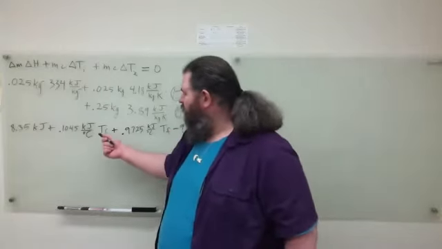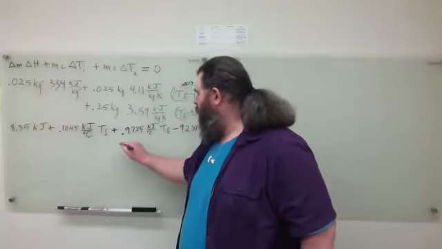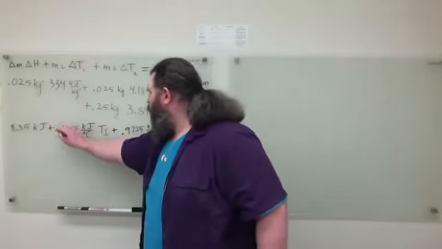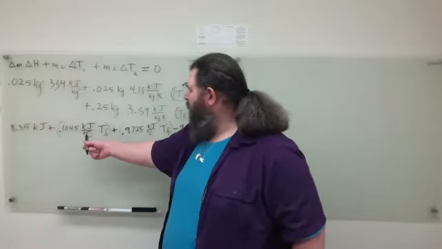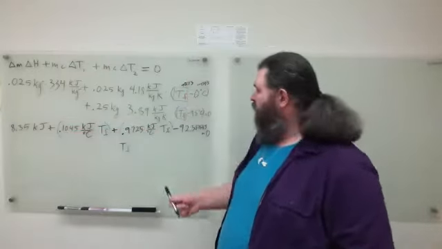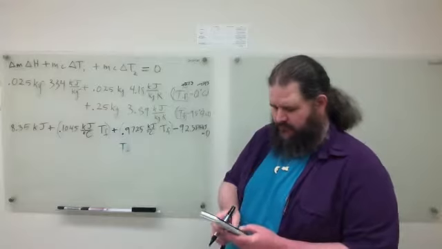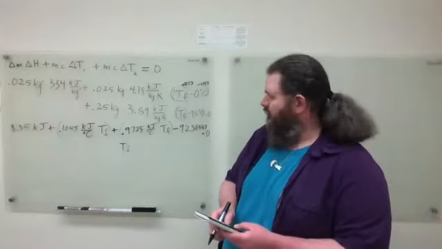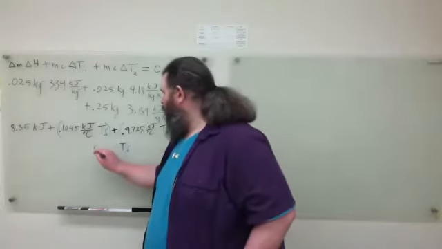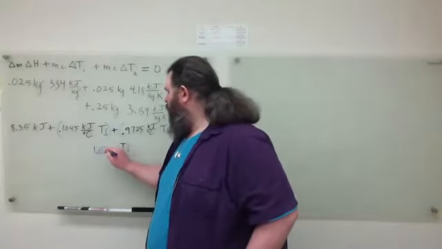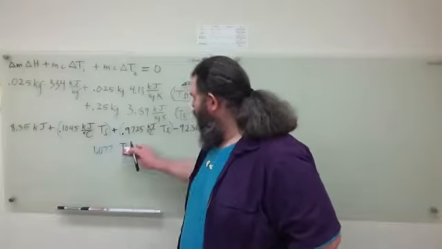You can even think of this as factoring out T final. So this one and this one, we can just add together the 0.1045 plus 0.9725. So 1.077. And that keeps the units, kilojoules per degree Celsius.